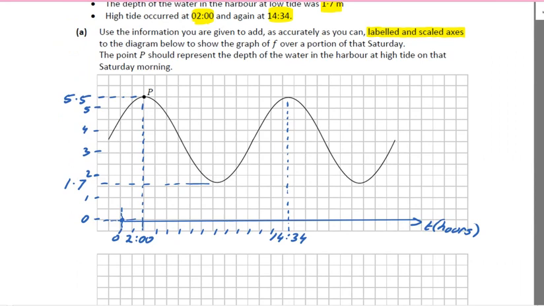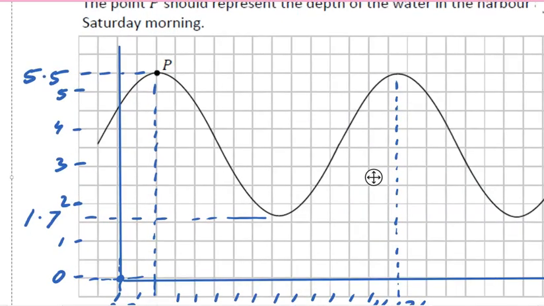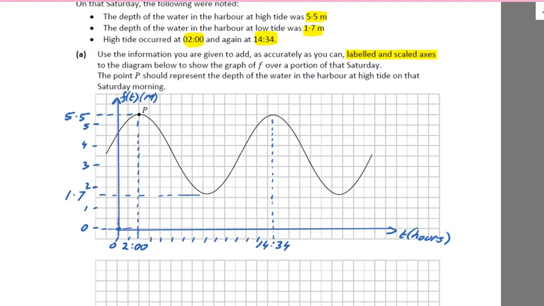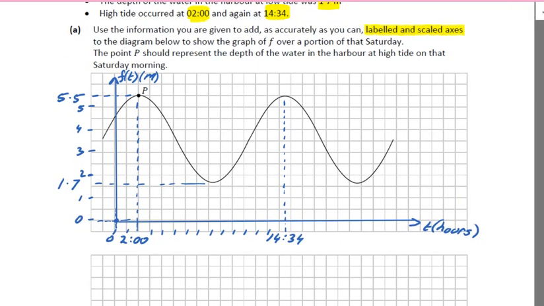So vertically we have through here the f(t) axis. So that's f(t), which is the depth of the water, and that's given in meters. So that's the graph completed. That's the scaled axis and the labeled axes as we were asked.